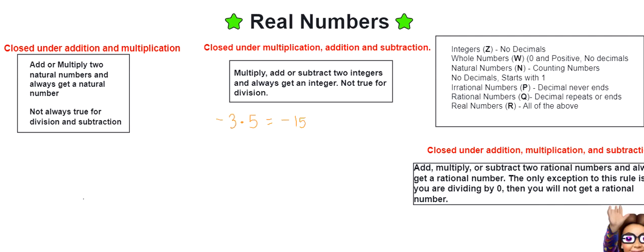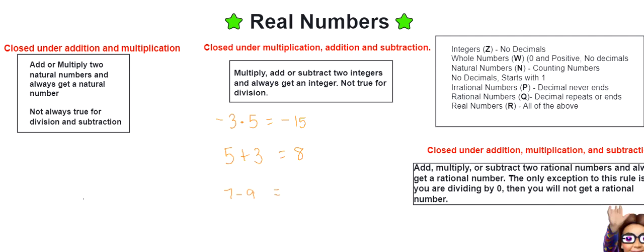All right, adding 5 plus 3. They're both integers. I get an integer for an answer. Subtracting 7 minus 9.